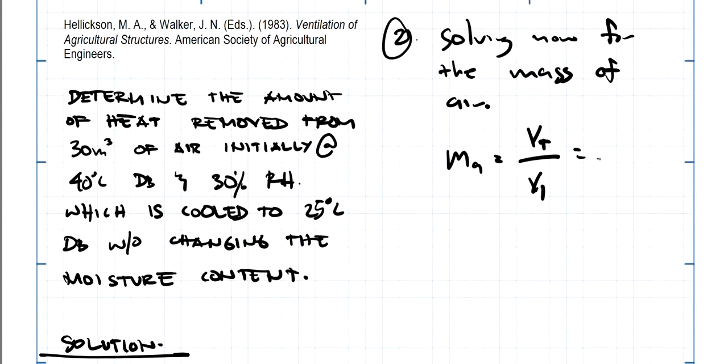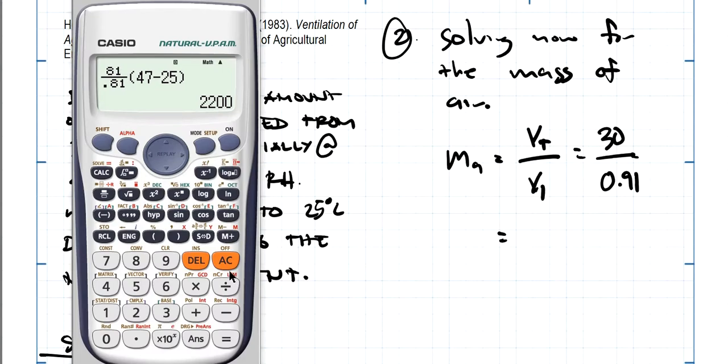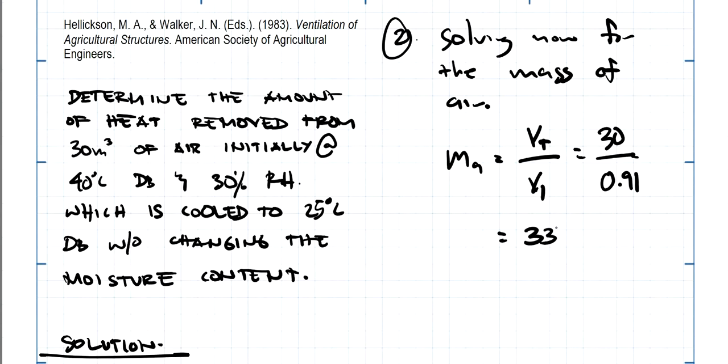So the mass of air is 30 divided by 0.91. This is 32, or let's just say 33 kilograms of air.